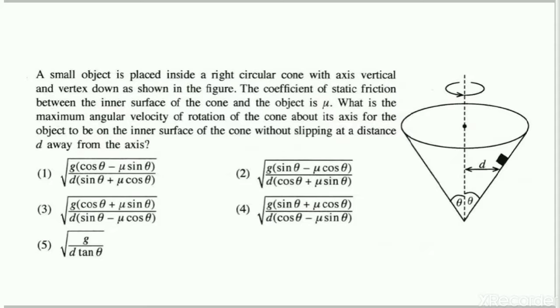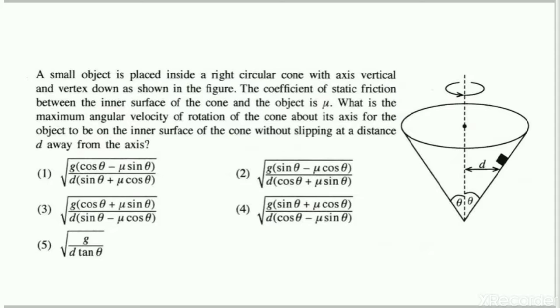So here what they have said is there is a small object on the inner surface of a right circular cone. Imagine if the cone is not moving and the object is on the inclined inner surface of the cone. If the cone is not moving, the object tends to fall down due to its weight.